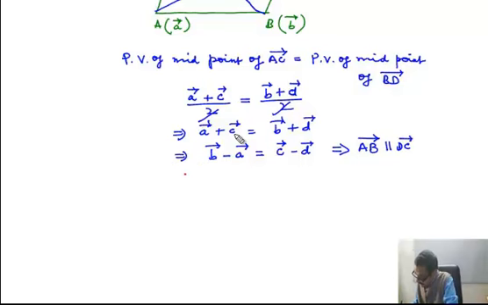Also, we can say from this equation that vector D minus A is equal to C minus vector B, which gives us that AD or DA is parallel to CB.